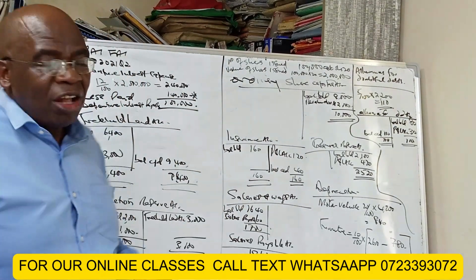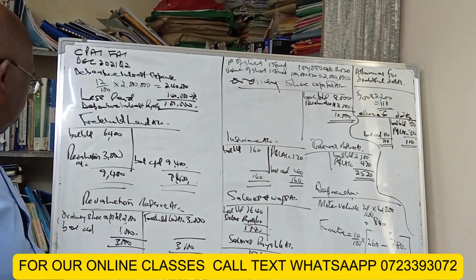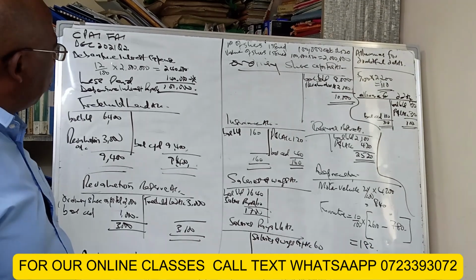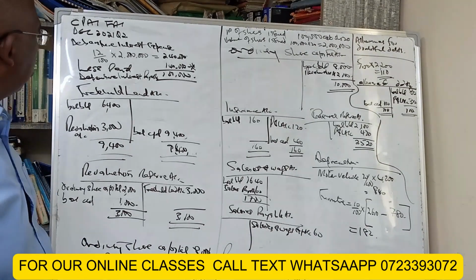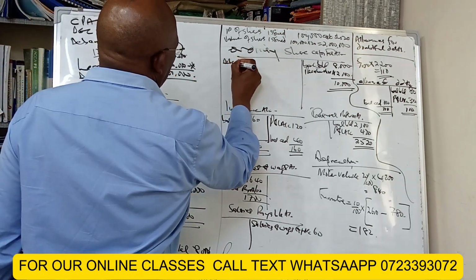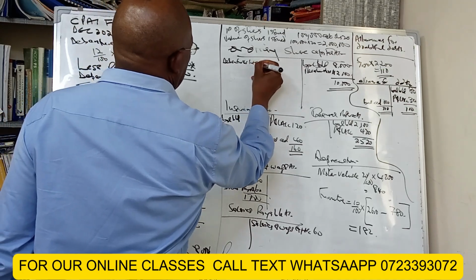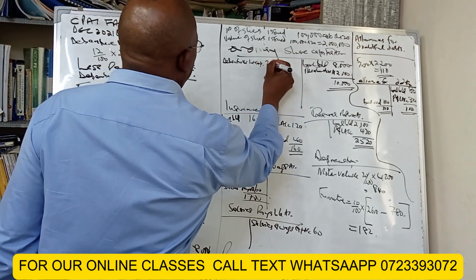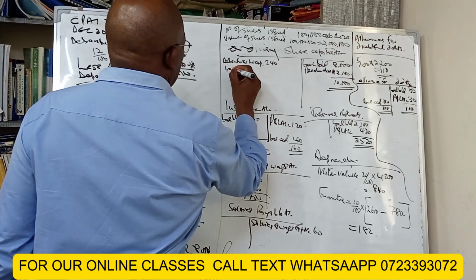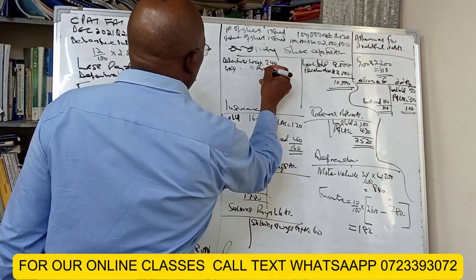Those are the workings that you're supposed to do to be able to prepare our financial statements. So for debenture, debenture interest expense is 240. Balance carried down, liability, debenture interest payable is 100.